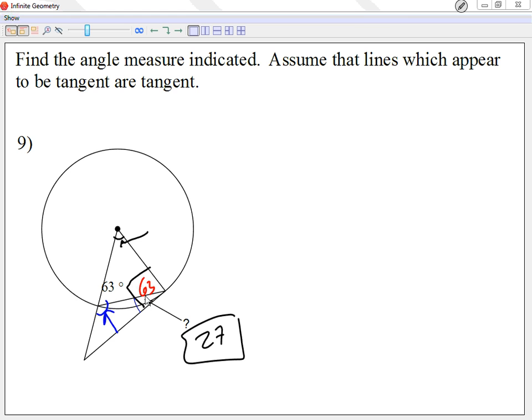I could even ask you for this other one, this blue one. 180 minus 63. In a triangle, the three angles add up to 180. If you already know 2, add those 2 and subtract from 180. So technically, I could ask you for any angle in there.